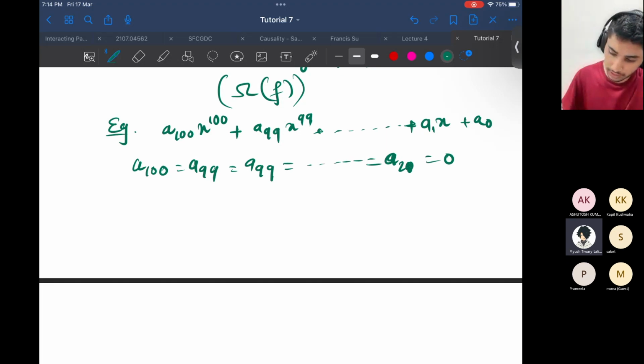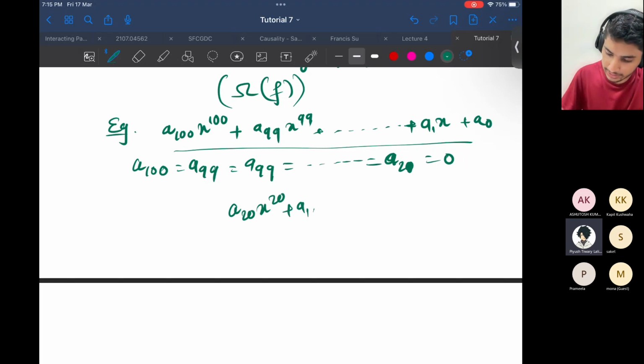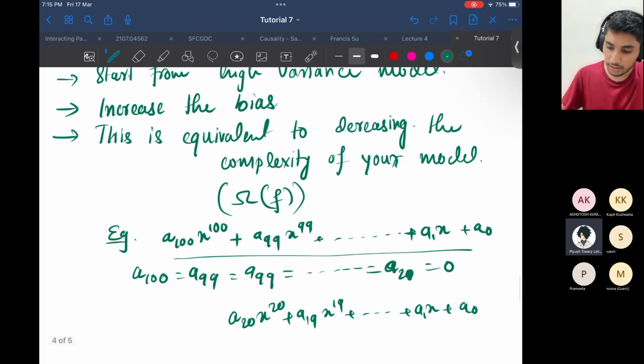The coefficients from 21 till 100 are now 0, so terms after this are all 0. It becomes a20 x raised to 20, plus a19 x raised to 19, plus till a1 x plus a0.